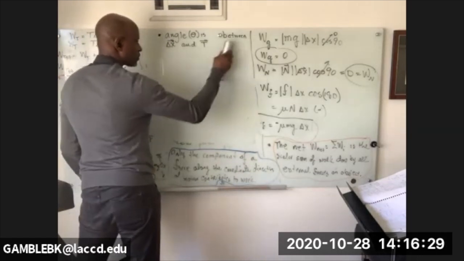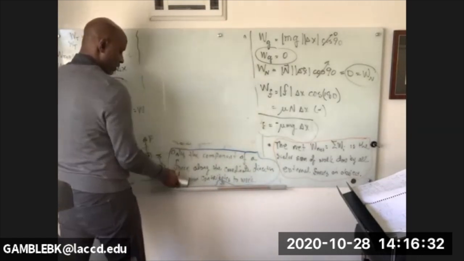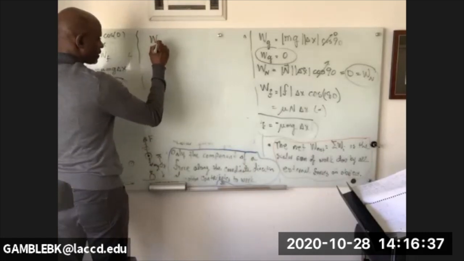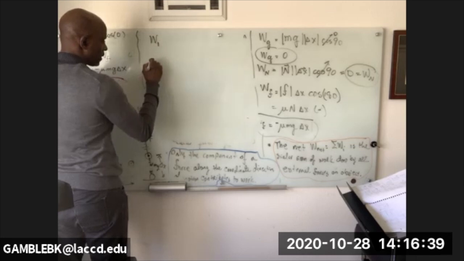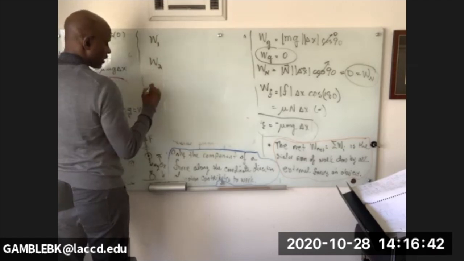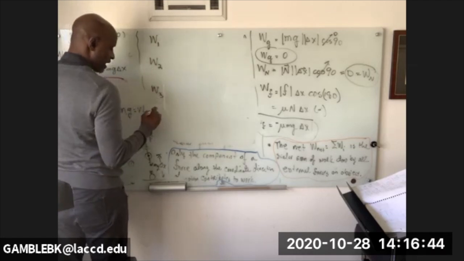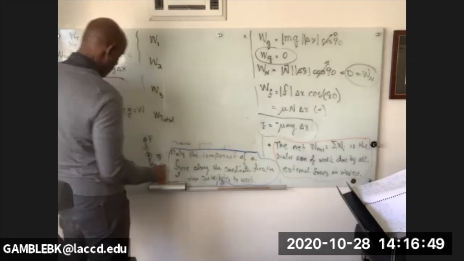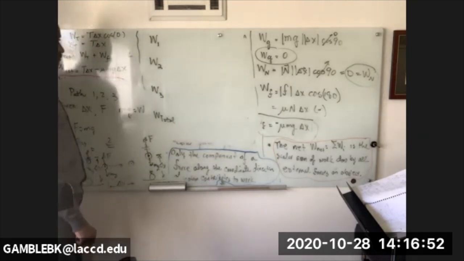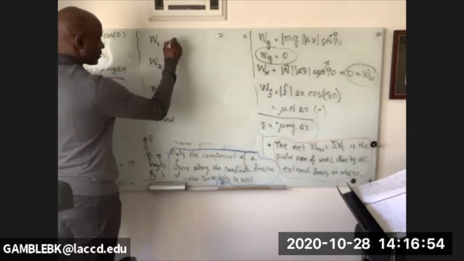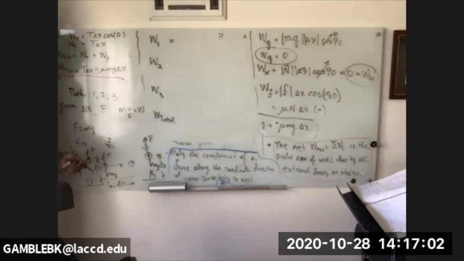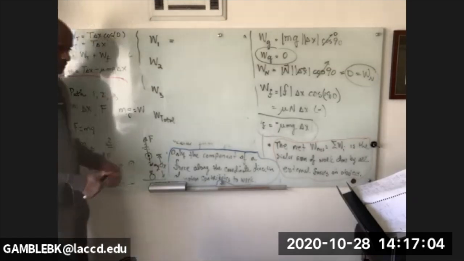So what I'm asking each of you to do is calculate the work done along path 1, the work done along path 2, the work done along path 3, and then calculate the total work that I did over the overall path 1, 2, and 3 together. So right now, Abdul, you're up. What is the work done in terms of given quantities for path 1? That's the question that you're being asked. So now do you understand the question?